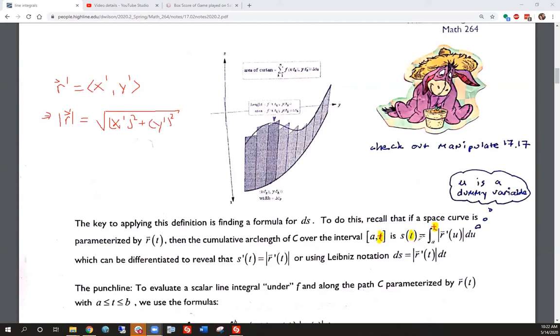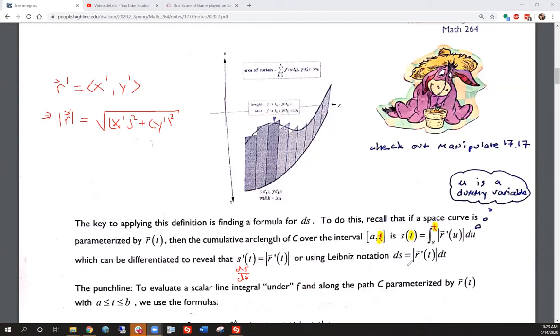So s of t, the cumulative arc length formula, is this definite integral from a to t of the magnitude of r prime of u du, and here the u is a dummy variable. We can differentiate both sides using part one of the fundamental theorem of calculus, giving us that s prime equals the magnitude of r prime. This would be like saying ds/dt. If you multiply both sides by dt, you get ds equals the magnitude of r prime of t dt.